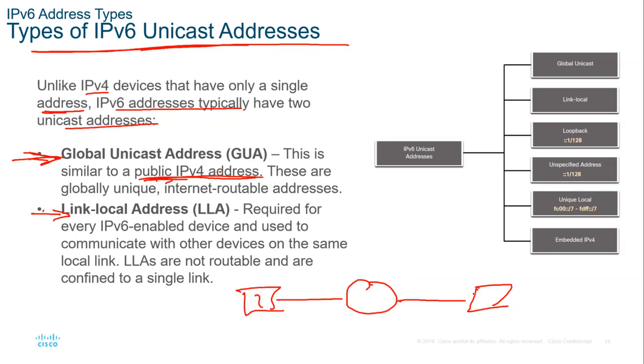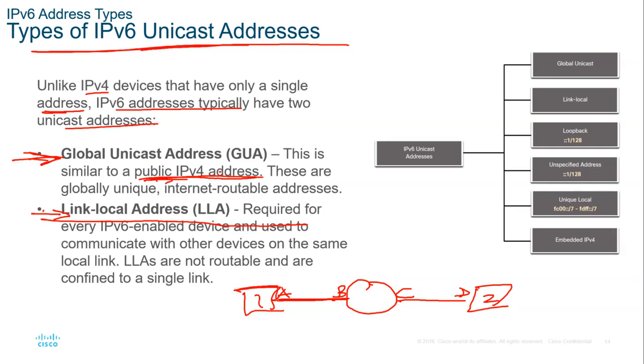So this is PC1, this is PC2. So we have two interfaces. We have A here and then B. Then we have C here and then D. So what this statement means is that link local addresses are used on point-to-point links here.